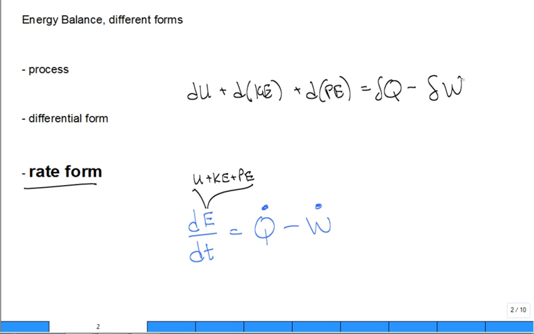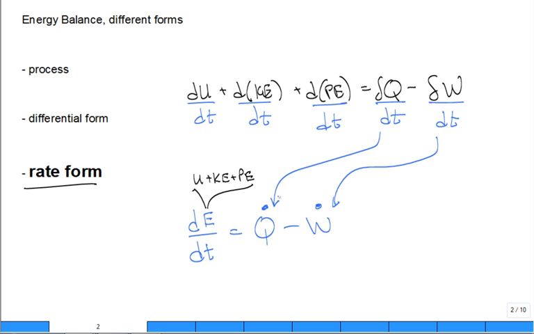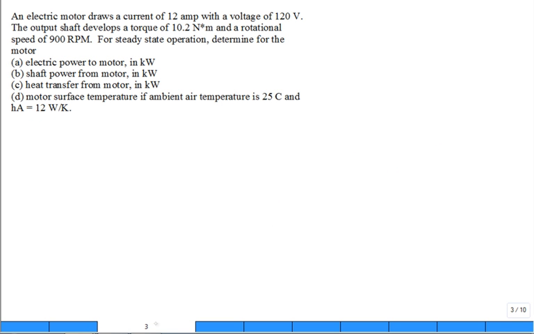So those are all small or infinitesimal amounts. We divide by our small time, thinking about rate. We think about 1 second, 1 millisecond, something like that. And now that turns into power, a rate of heat transfer. And then these are all the rates of change of the energy in the system. So we need to be able to solve conservation or first law equations on a rate basis.